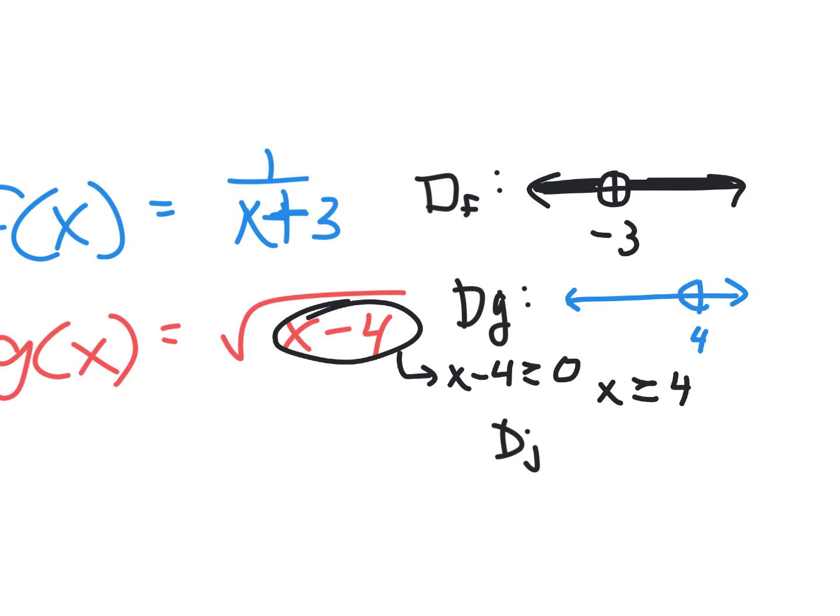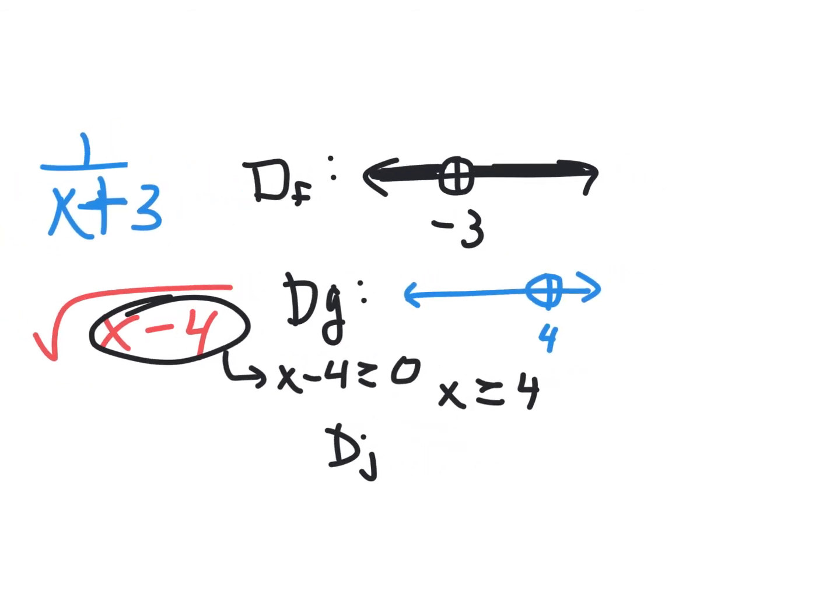Why did I put 4 over to the right? So that my two number lines can be looked over at the same time and I can figure out where they overlap. Do you remember the old intersect symbol? The question is, where does this intersect this?